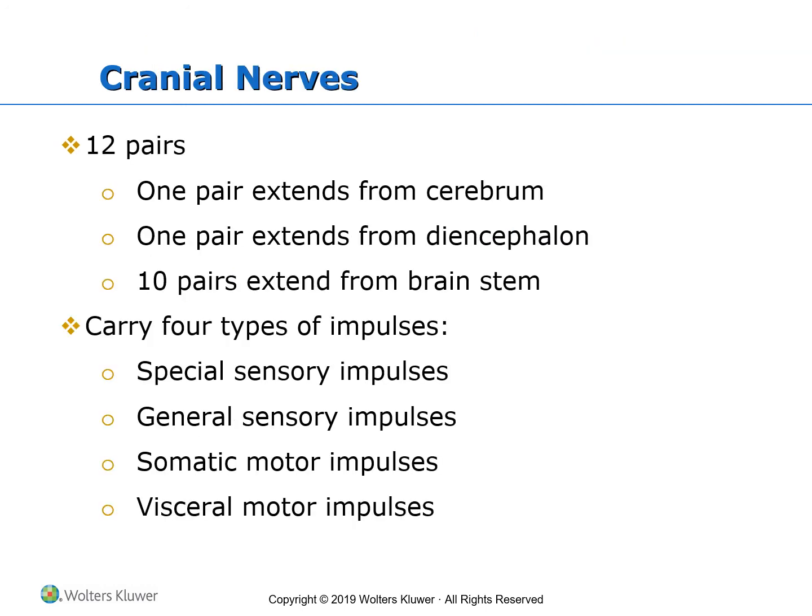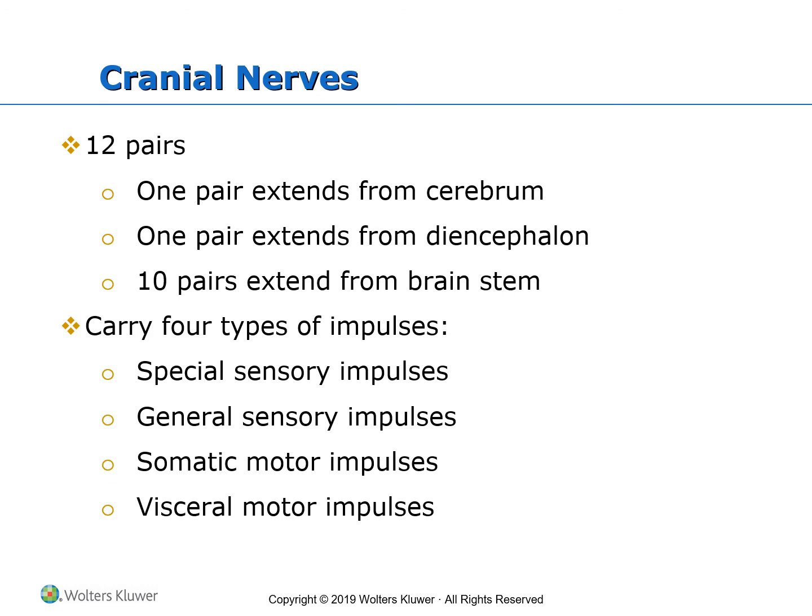Cranial nerves. Remember that we had the spinal nerves that were related to the spinal cord. At the level of the brain, we have 12 pairs of cranial nerves, numbered 1 through 12 in Roman numerals.